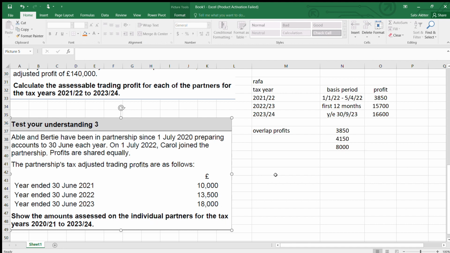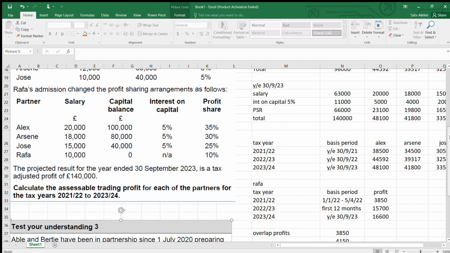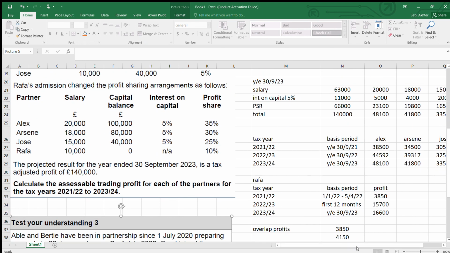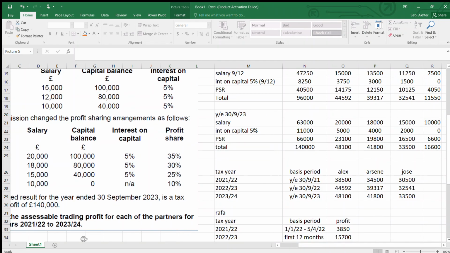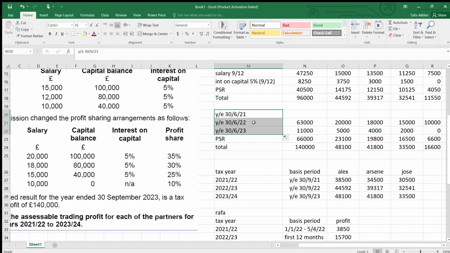In case you are not understanding, let's do it here for you. 30th June 2021, 22, 23. Total. Able, Berti, Carol.